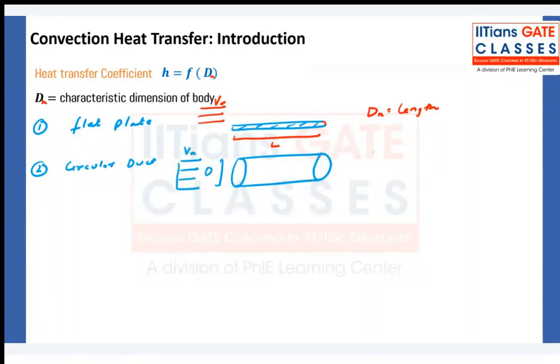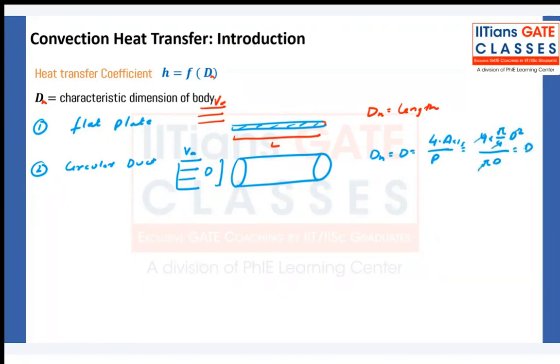Then DH will be equal to the diameter. You can also calculate this: 4 times area, and this is the cross sectional area, by wetted perimeter. So it is 4 into pi by 4 d square upon pi d. If you do that, you will get d.